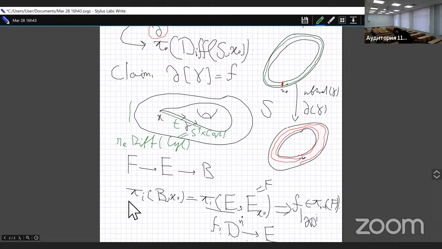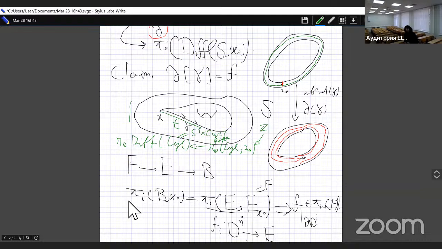Okay, so we have pi naught of the cylinder, and we have pi naught of the cylinder, comma x naught, and there is pi naught Diff. There is a map from the second pi naught to the first pi naught, just by forgetting the point. My claim is that the kernel is Z.